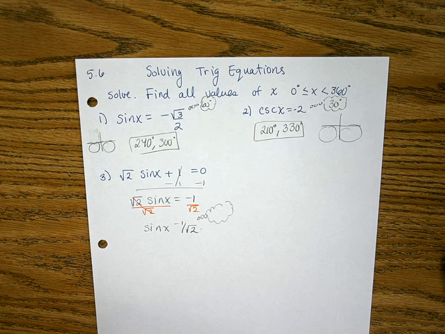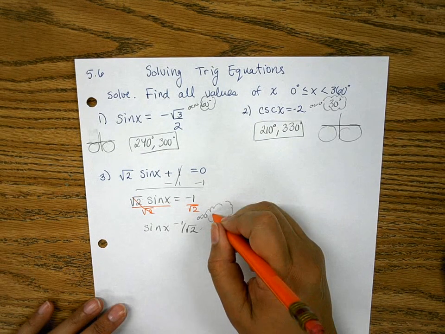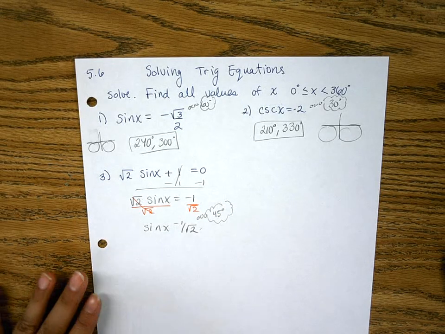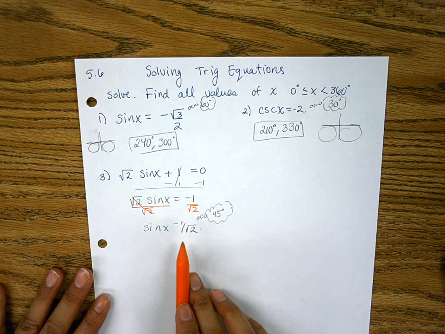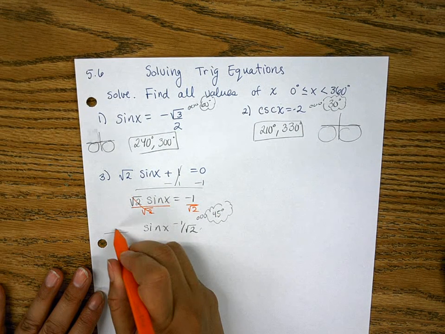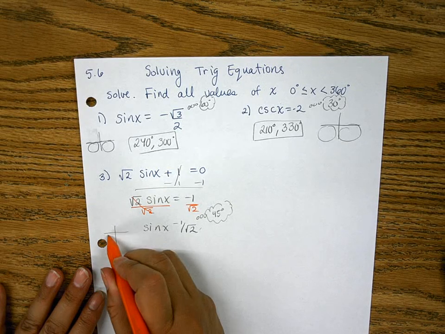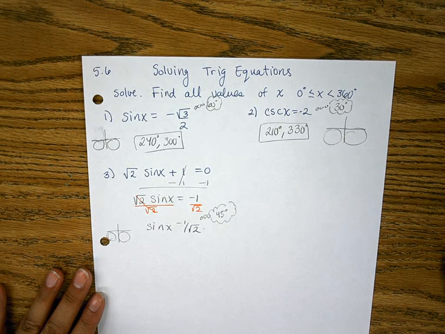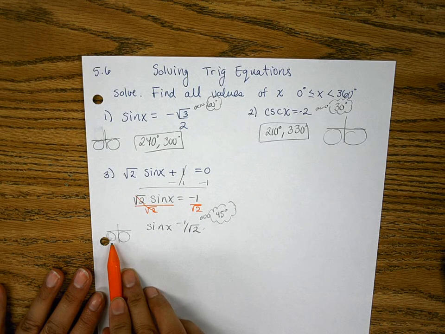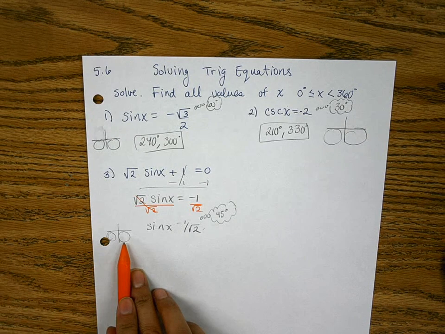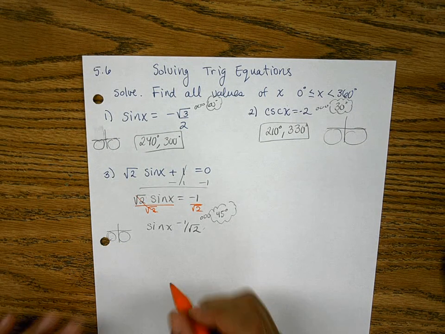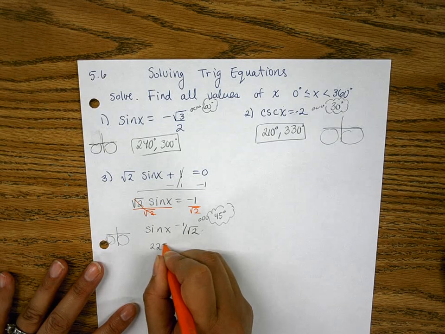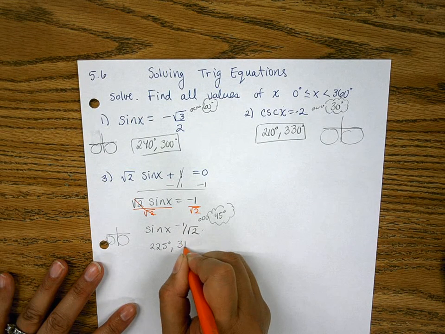Okay, so thinking, sine of what angle, ignoring the negative, is 1 over root 2? I'm hoping you're recognizing that it's 45. And 45 is not going to be an answer because it's negative, which means I'm not in quadrant 1. Sine is negative in these two quadrants. So what is 45 degrees in quadrant 3, and what is 45 degrees in quadrant 4?